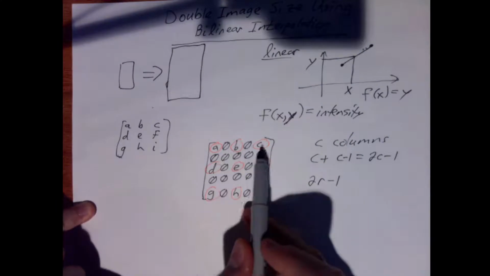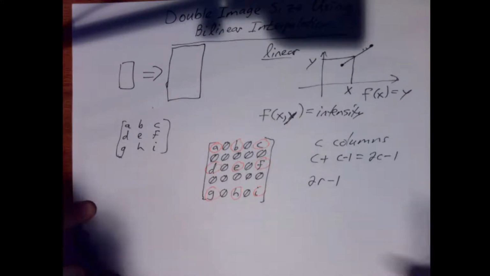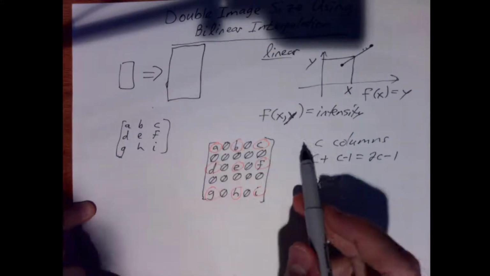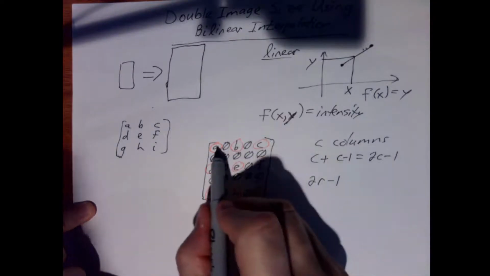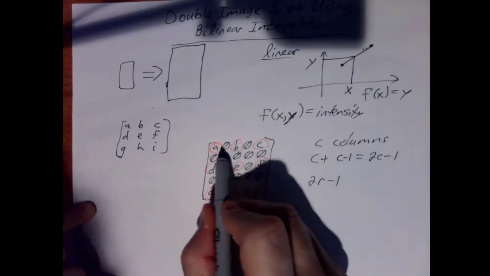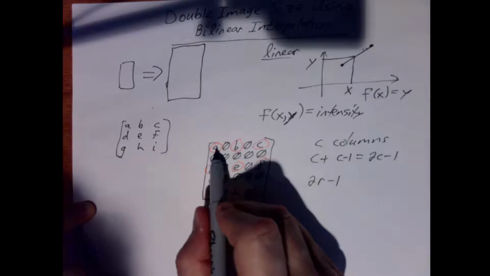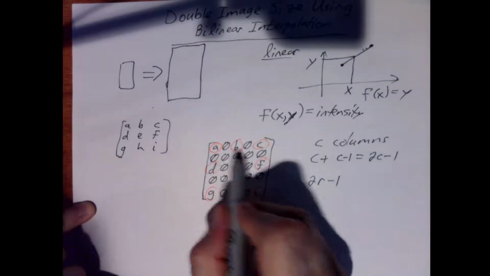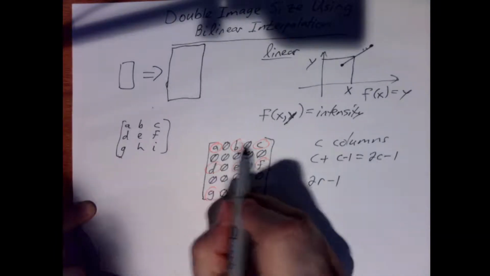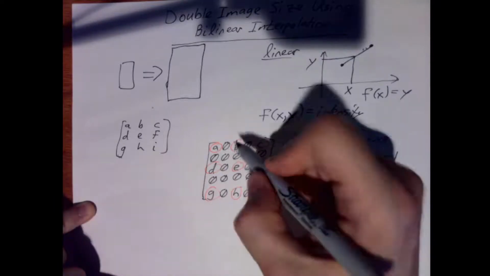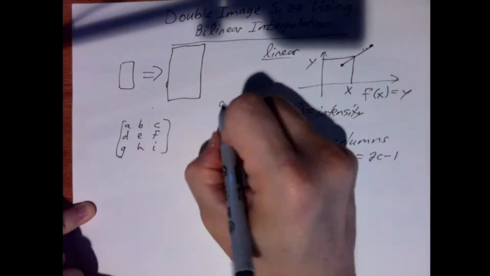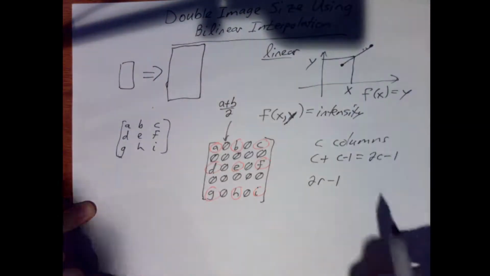Now, what will I put in the values where I currently have zeros, since I know what to populate for the others? Well, for the values on a row that has existing values like A, B, and C, I'm going to take the average of the left and right values. So between A and B here, I'm going to use A plus B divided by 2.